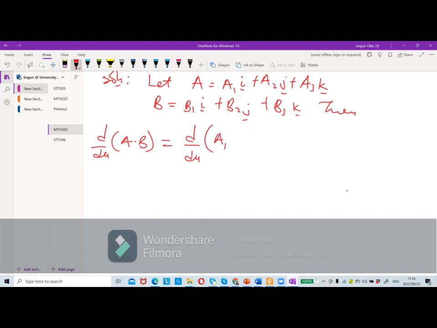You remember the dot product, the way we do it: i dot i is equal to 1. You remember?